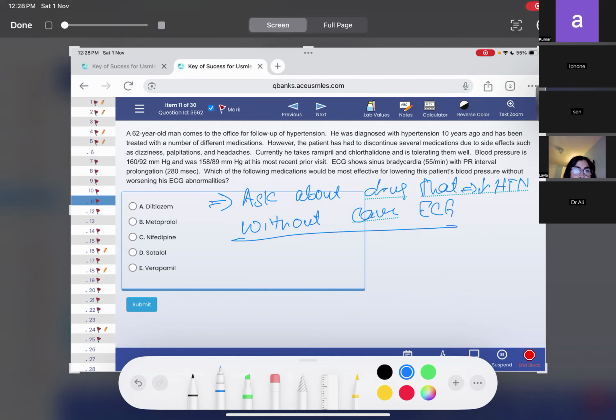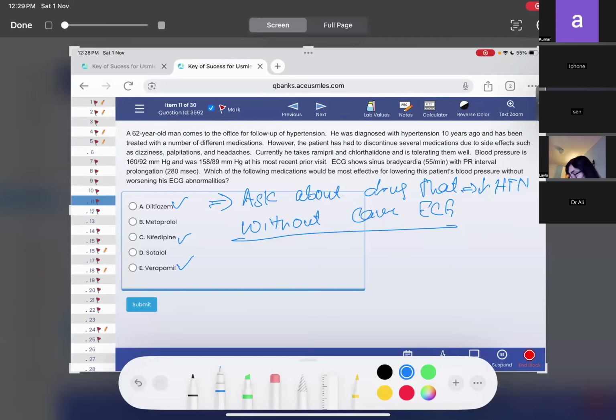Nifedipine. Excellent, nifedipine, because it works only on vascular smooth muscle. It doesn't have any effect on the heart, and ECG changes are produced by an effect on the heart.